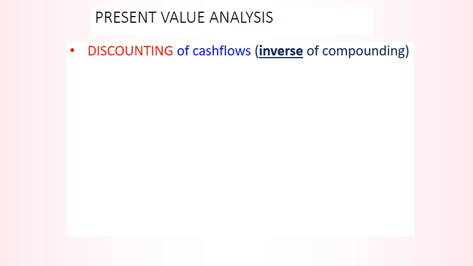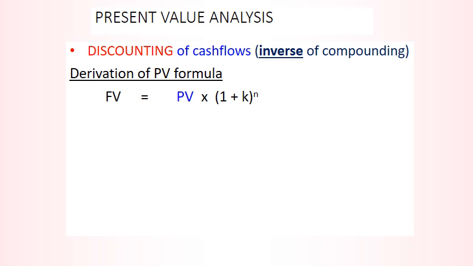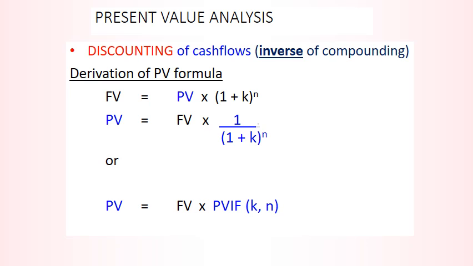Discounting of cash flow. The derivation of the present value formula is, we know the future value formula is this. What I need to do is to move the 1 plus k over, or we can write it in terms of the table format.